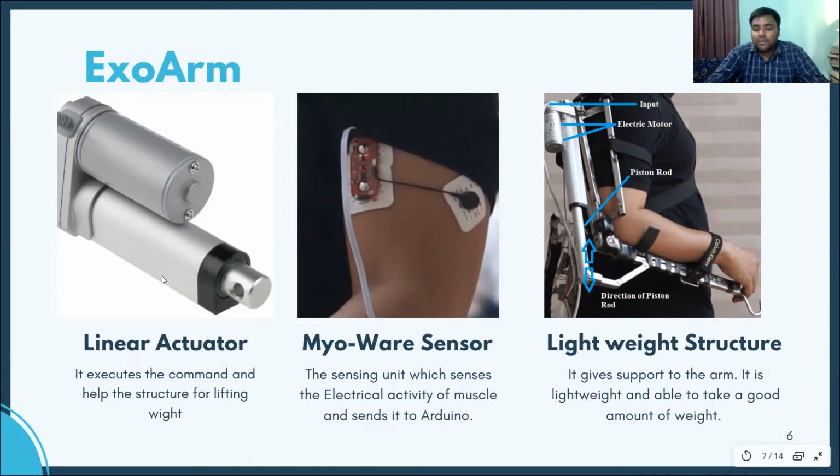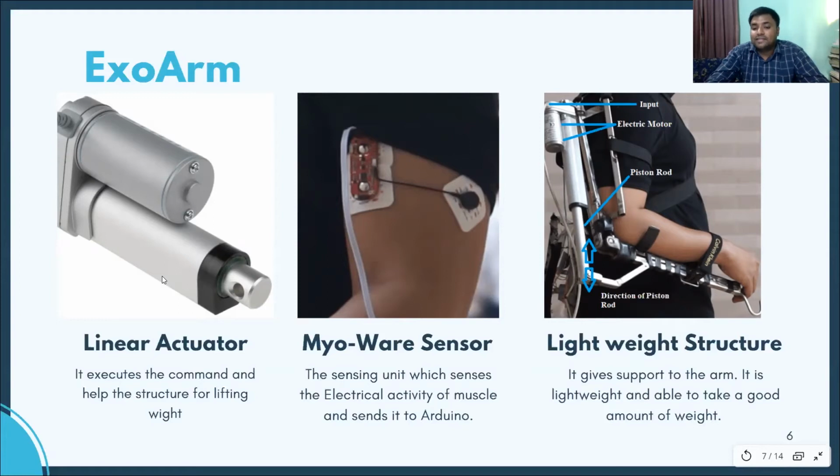Another important thing here is the placement of the MyoWare muscle sensor. There are three electrodes that have to be attached. The first two have to be attached to the muscle, and the third one, which is the black wire, has to be attached away from the muscle, which is called the reference.